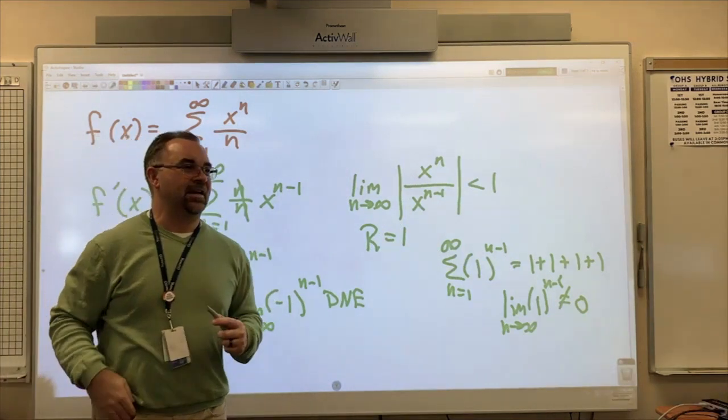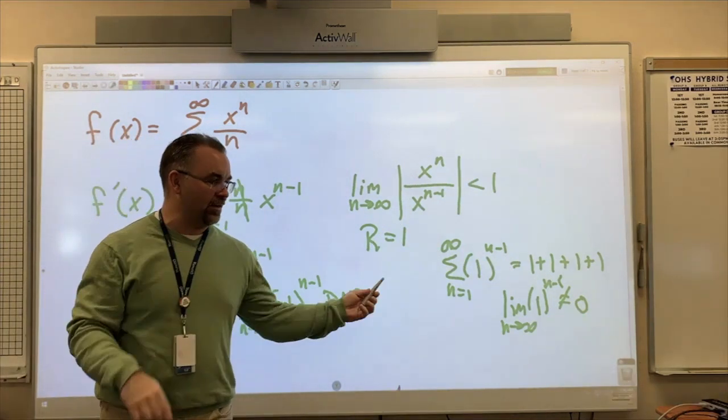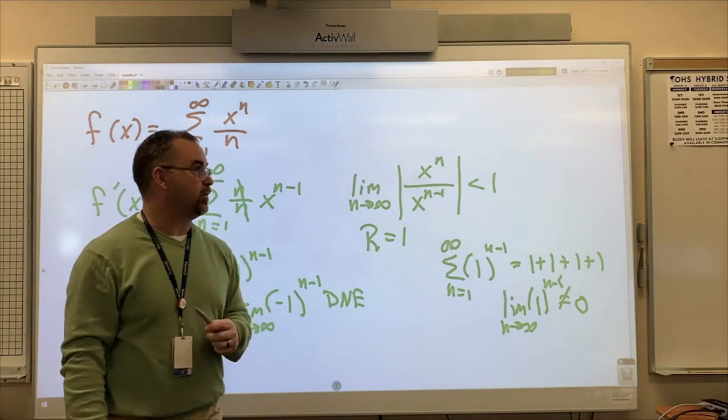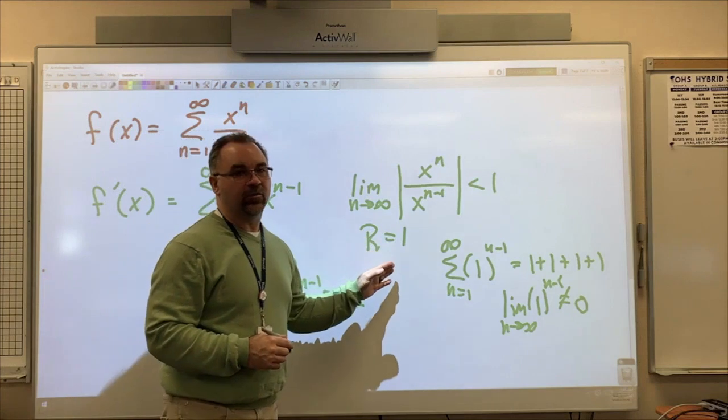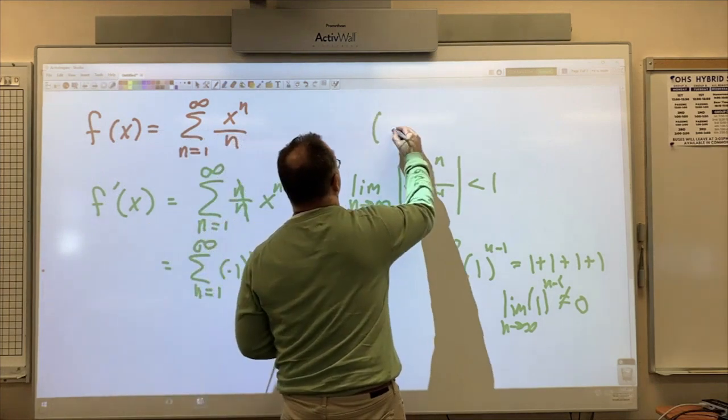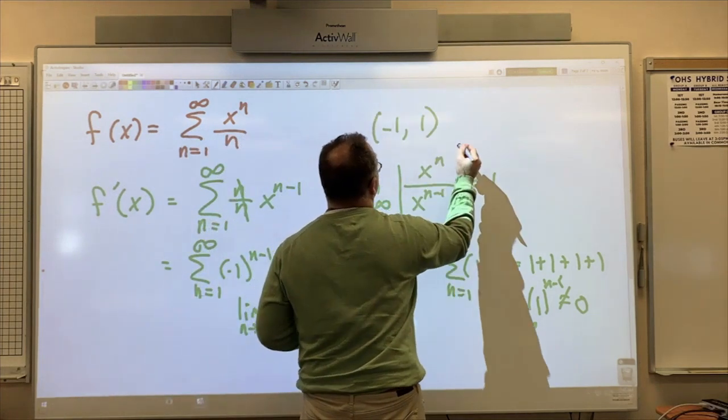And so again, by the nth term divergence test, that series also diverges. So for the derivative, we still have a radius of 1, but the interval of convergence now is open on both ends.